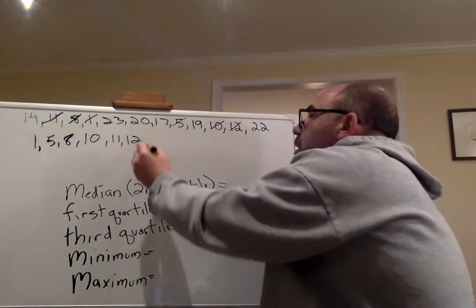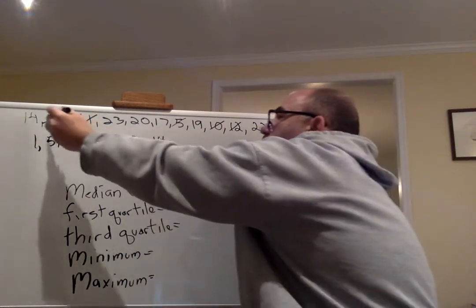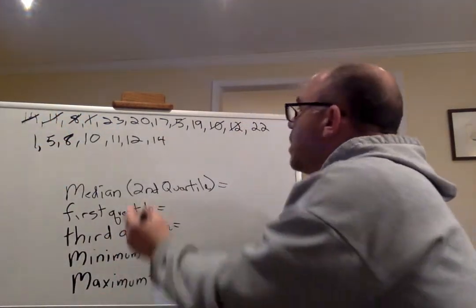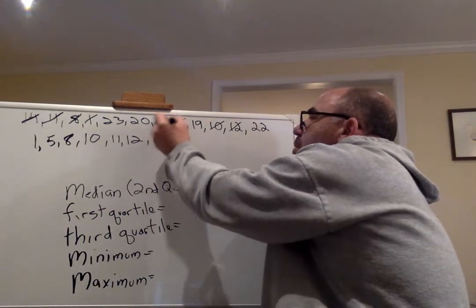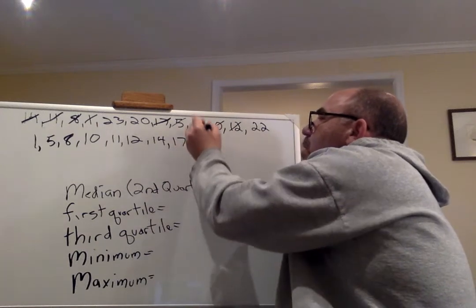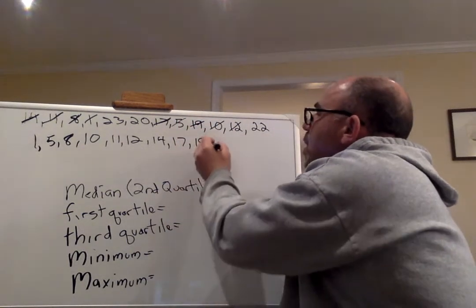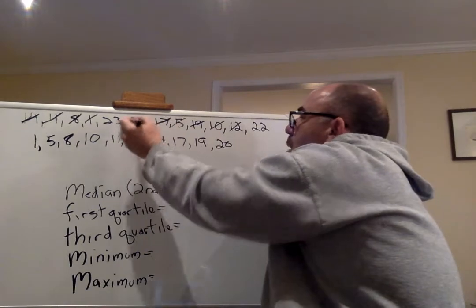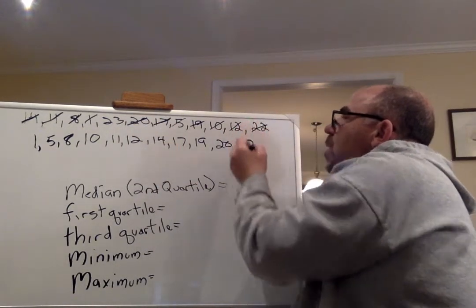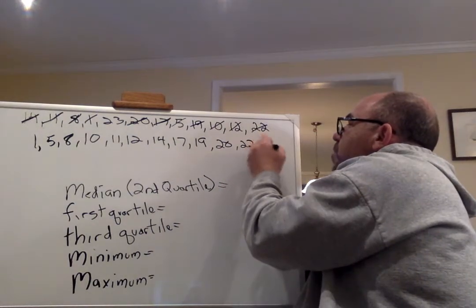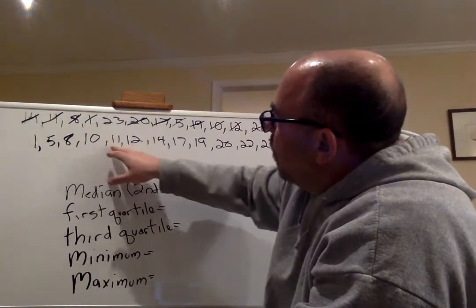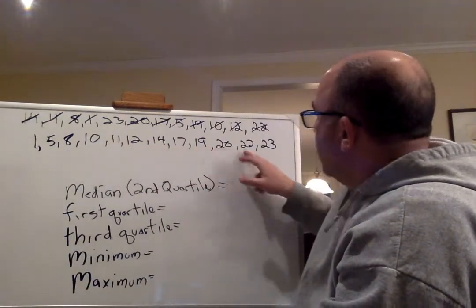Then we've got 14, 17, 19, 20, 22, and 23. Again, I just want to double check. 1, 2, 3, 4, 5, 6, 7, 8, 9, 10, 11, 12.